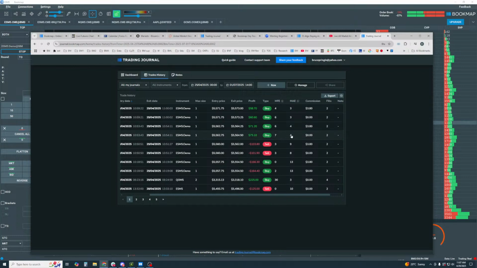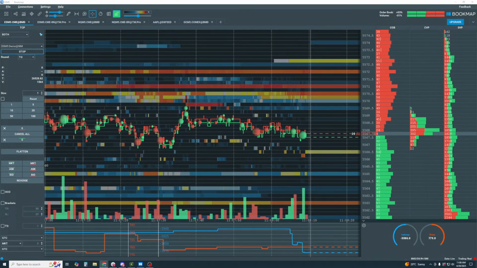Now these MAEs are a little bit lower here. Maximum favorable should be higher. This is why it turns into a high probability trade. Okay, and your risk reward is positive here. So your maximum adverse excursions in here should be less. Okay, you're kind of catching it on the pullback.